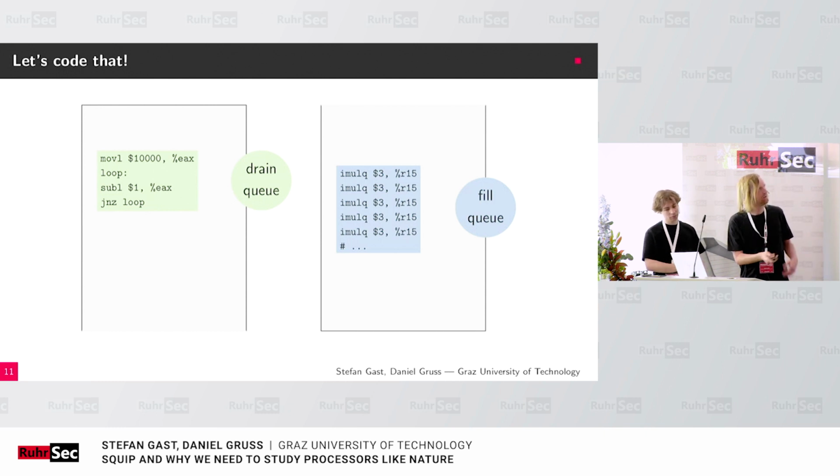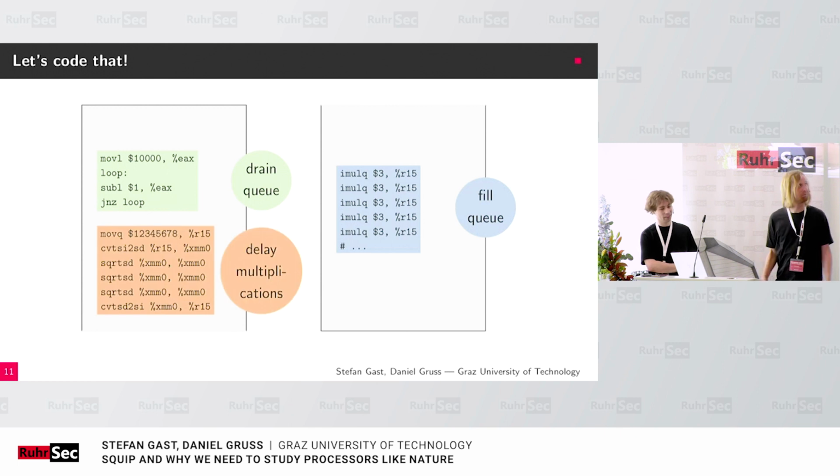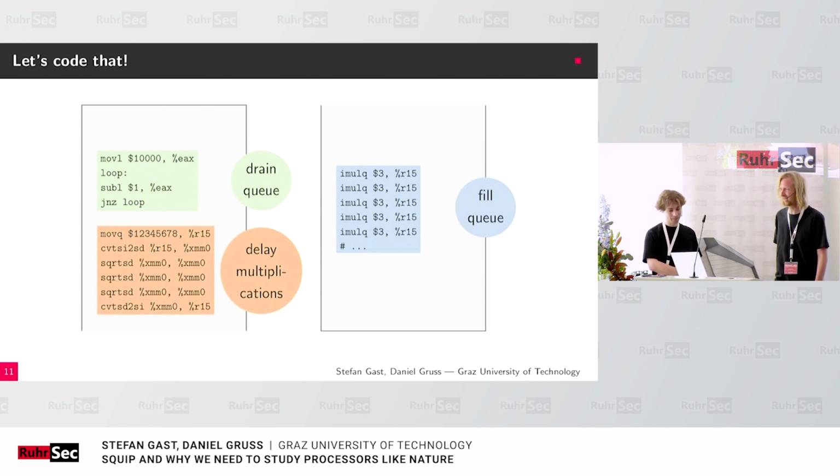I just use some multiplications that are dependent on each other. But even if they are dependent on each other, if they are processed really fast, they would disappear. Typically a multiplication only takes about 3 or 4 cycles. So how do you make sure that they don't disappear? Just make them dependent on something that's really slow. For example, calculating some square roots or something like that.